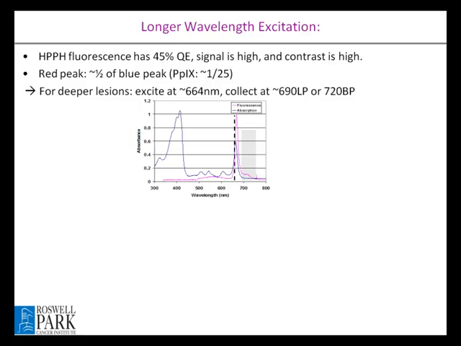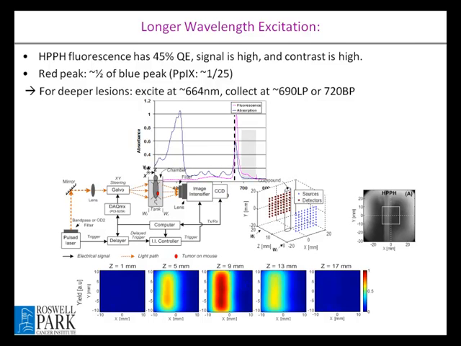So what we see is that when you excite at exactly around 664, and if you use a 690 long pass or 720 band pass, you can even see deep imaging. We did it on mice imaging, and also on phantoms.